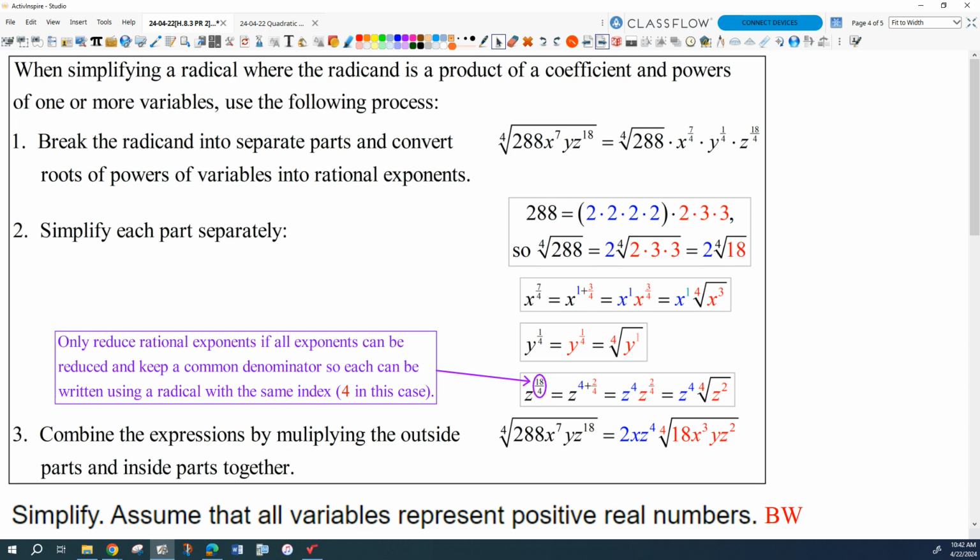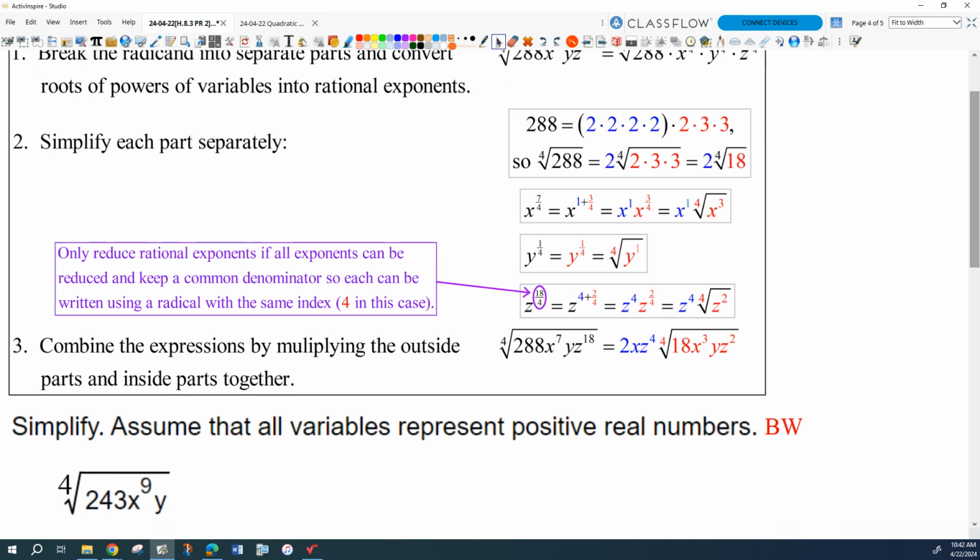So what's that look like then? If we break that into parts, here it is. We got the 4th root of 288 times x to the 7/4, y to the 1/4 times z to the 18/4, and we just deal with them individually. Well, 288, I'm going to skip the factor tree.